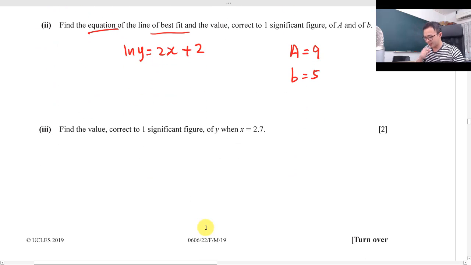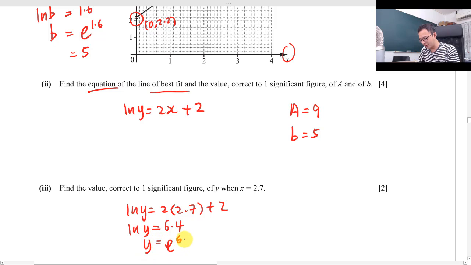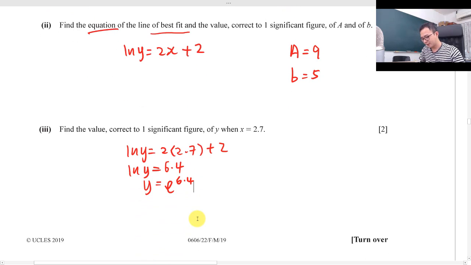Alright, so then the next thing is they want to find y when x equals to 2.7, so ln y equals to 1.6 times 2.7 plus 2.2. So this is 4.3, so you have 6.5 for ln y. So y equals to e to the power of 6.5. So yeah, type in the calculator.